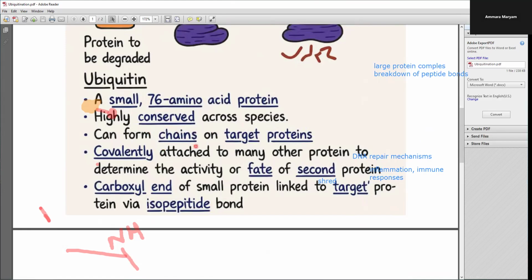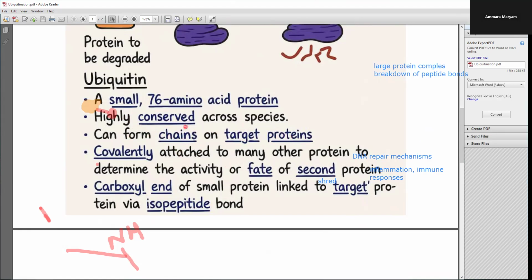It can form chains on the target proteins that I already told you, the protein that needs to be degraded, that misfolded protein, that damaged protein, which needs to be degraded. So it can form chains. What does that mean is there are several lysine residues that are present on that target protein.